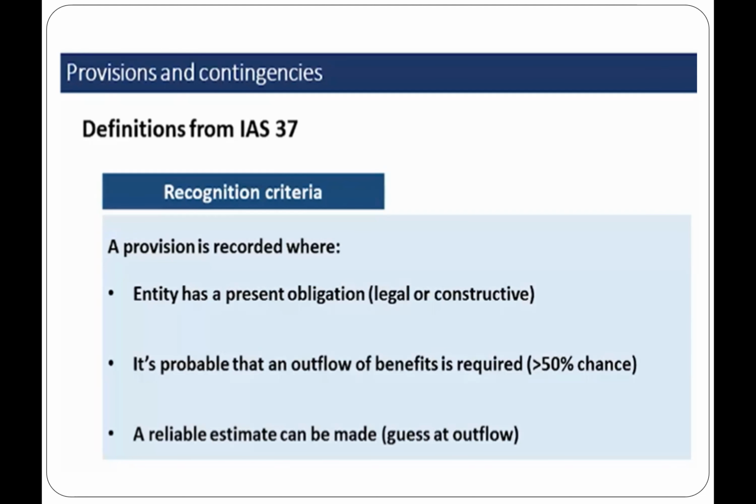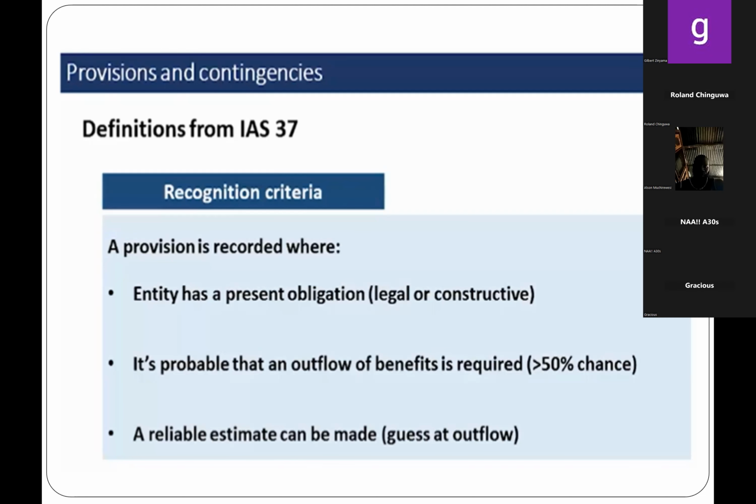You tell the examiner the facts within the case that suggest a present obligation is there, whether legal or constructive. Then you tell the examiner the probability that an outflow of benefits is going to be required. You tell the examiner whether a reliable estimate from the facts given in the case can actually be made.